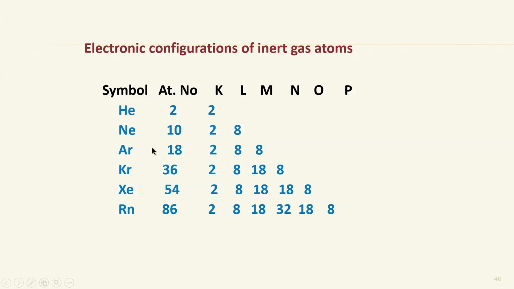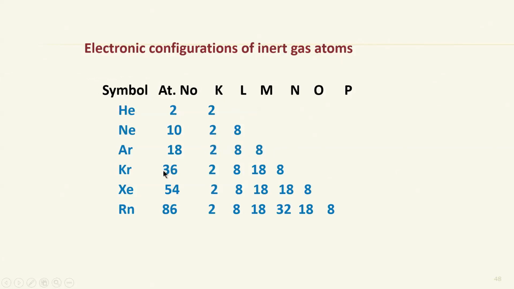Now, argon has got 18 and it can go up to 2, 8 and 8 maximum. So, here I have the M shell.